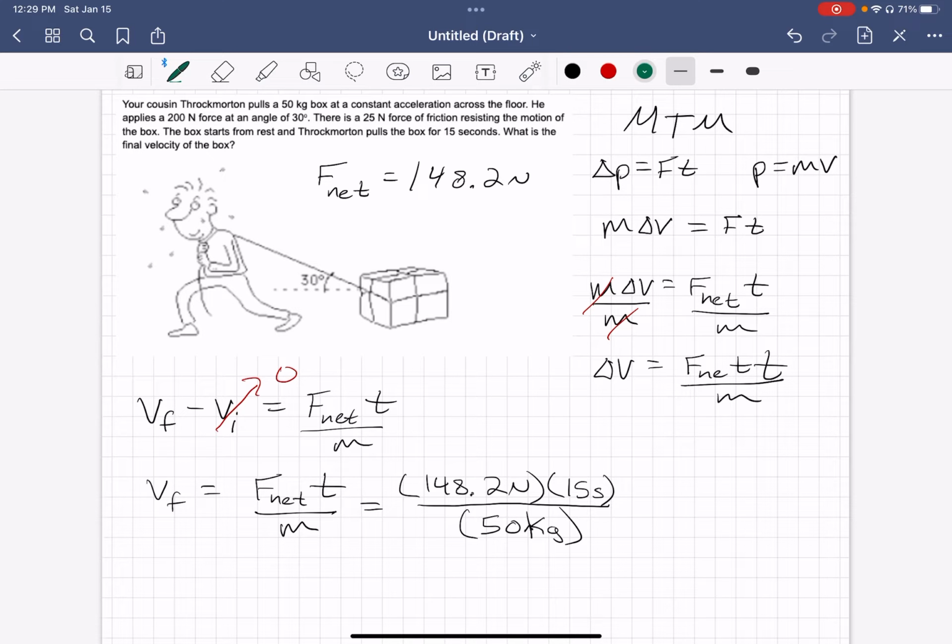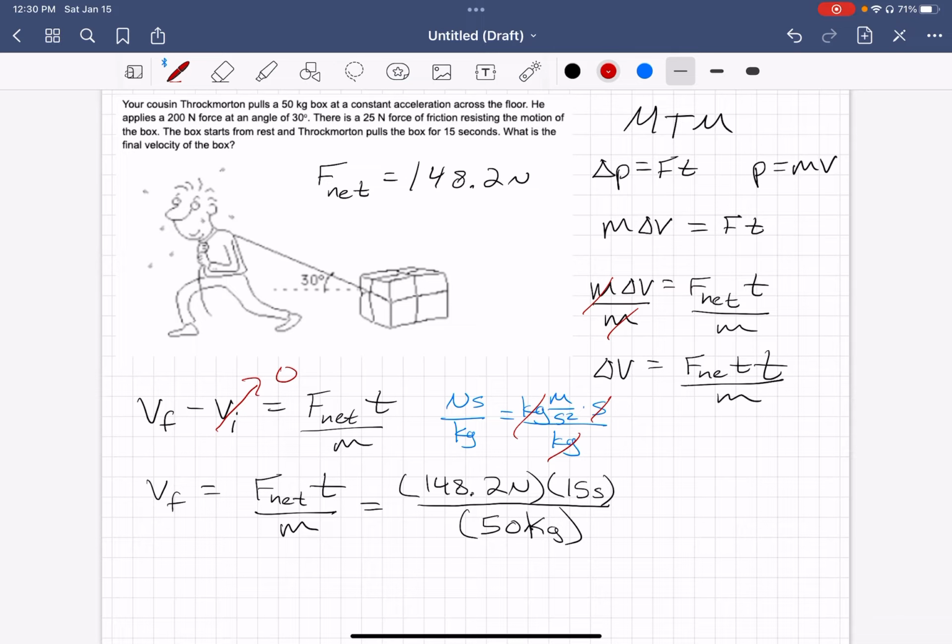So I'm going to take a little bit of a detour here to just check my units. So I have newtons times seconds divided by kilograms. A newton is also a kilogram times a meter per second squared. So when I think through what's going to happen here, these kilograms are going to go away.